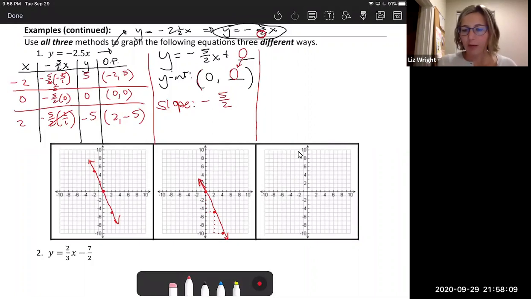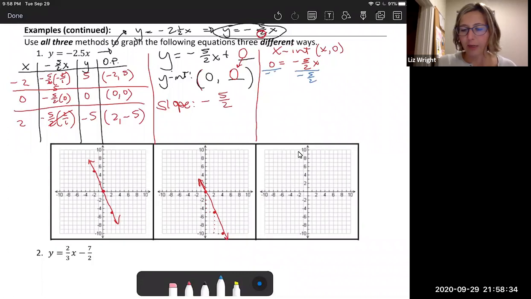All right, x and y intercepts. The x-intercept is going to be x, 0, and our y-intercept is going to be 0, y. So we're going to do this one first. We're plugging 0 in for y and solving for x. So I'm going to divide both sides by -5/2.